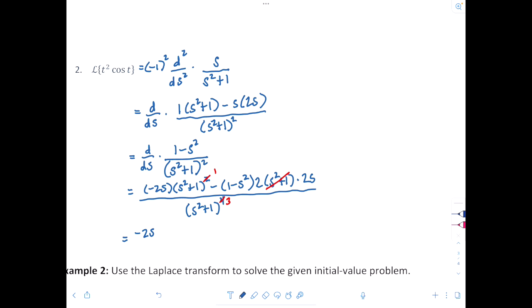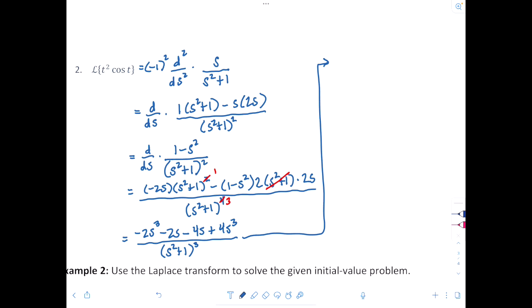So we'll have negative 2s cubed minus 2s, and then minus 1 times 2 times 2s is minus 4s, and then minus negative times a negative s squared times 4s will be plus 4s cubed. And then what else do we have? I think we got everything on that numerator. And that's over s squared plus 1, the quantity cubed.